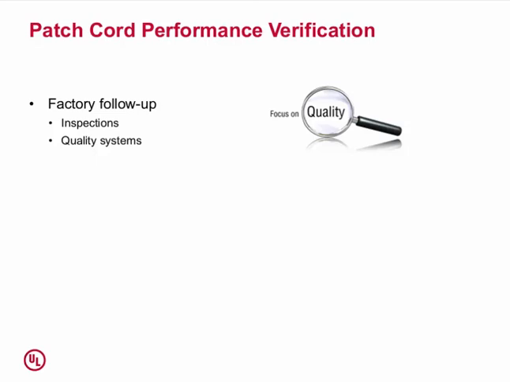There is a focus on quality, making sure the factory has some quality systems in place, knows what they're doing, and can consistently make products in accordance with the standard.